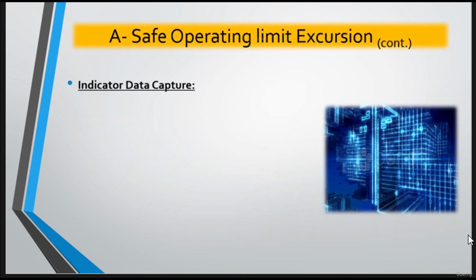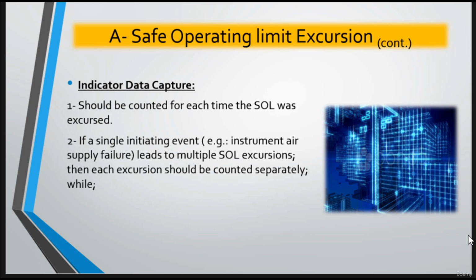What about the indicator data capture? It should be counted only for each time the safe operating limit was excursed, and some companies also calculate the durations. Number 2, if a single initiating event, such as an instrument air failure, leads to multiple safe operating limit excursions, then each excursion should be counted separately.